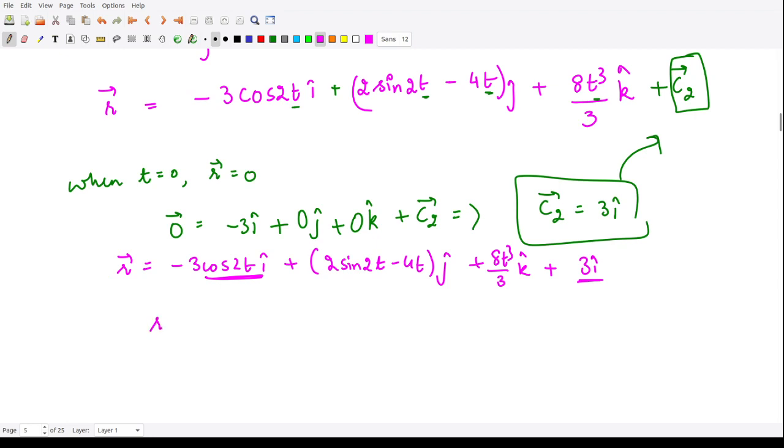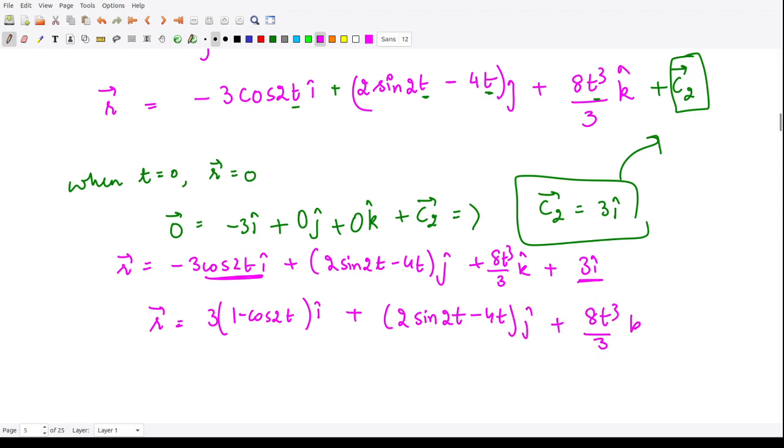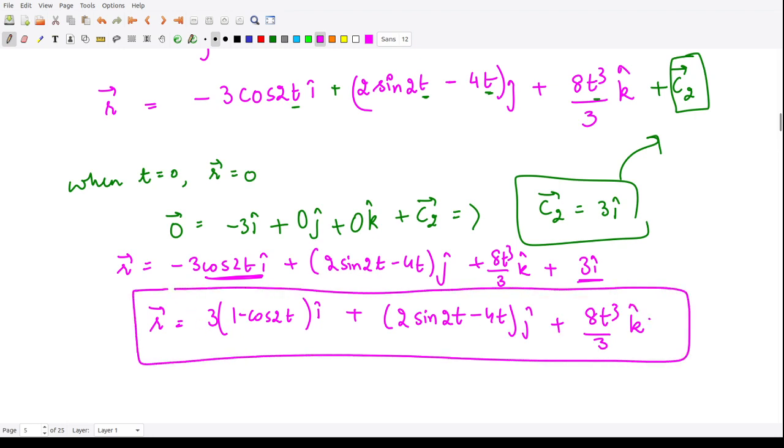The vector r equals, taking 3 common, for I cap it would be 1 minus cos 2t, and for j you have 2 sin 2t minus 4t j cap, and for k you have 8t cube by 3 k cap. So this is your displacement vector corresponding to the given acceleration.